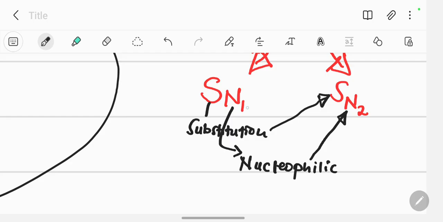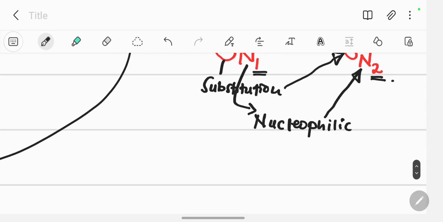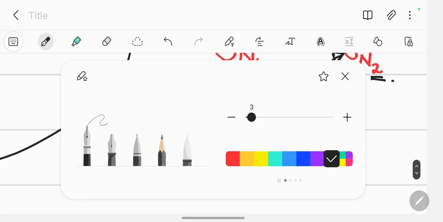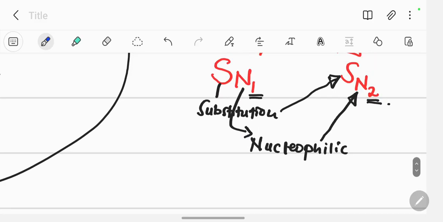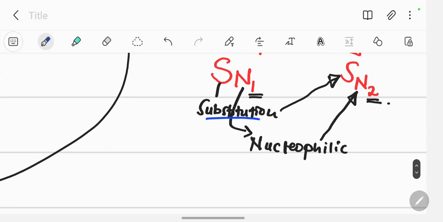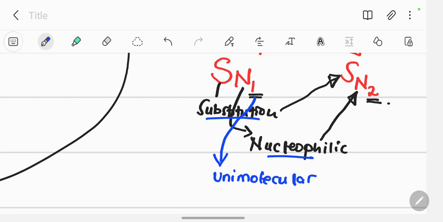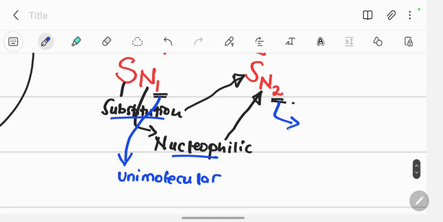So what we're remaining with is this 1 and the 2. So that one stands for unimolecular. So substitution, nucleophilic, unimolecular.